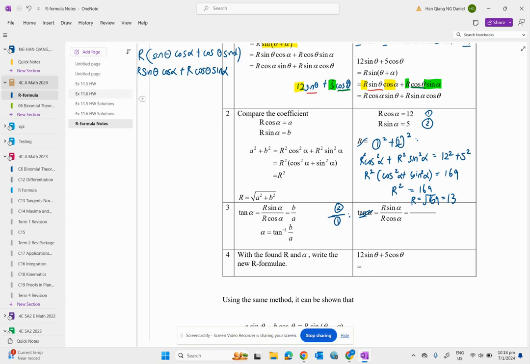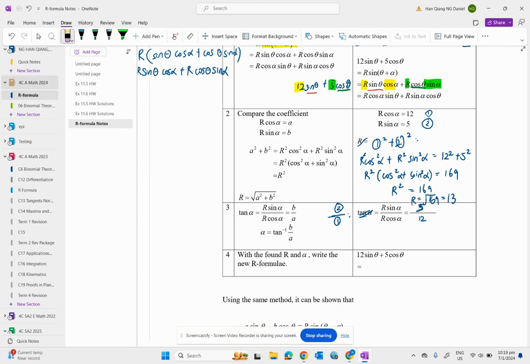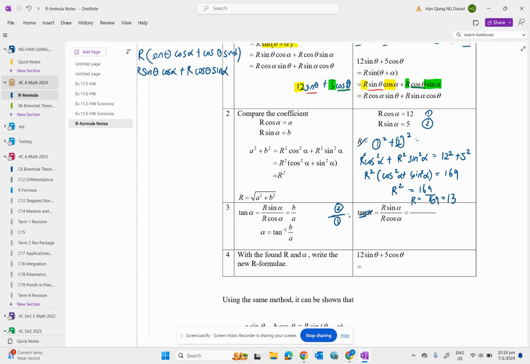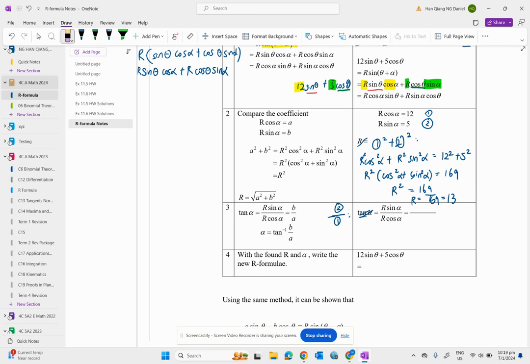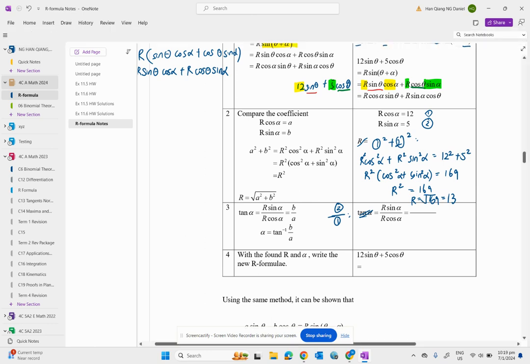On the right, equation 2 is 5, so 5 divided by 12. So r divided by r will be 1. Sine alpha over cos alpha will be tangent alpha. And then I can find alpha, tangent inverse 5 over 12.